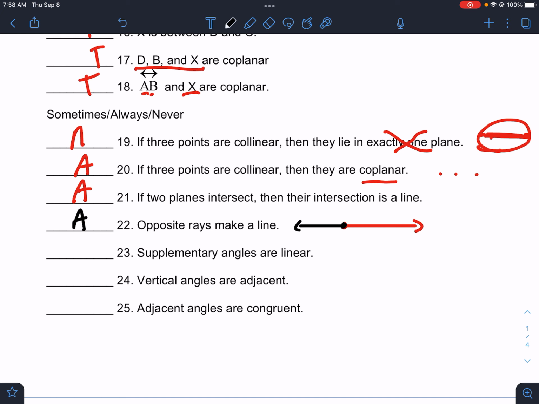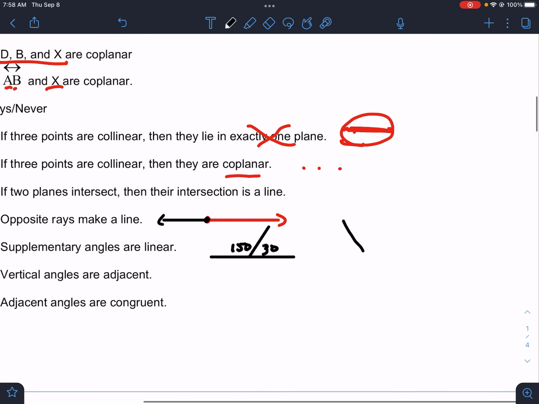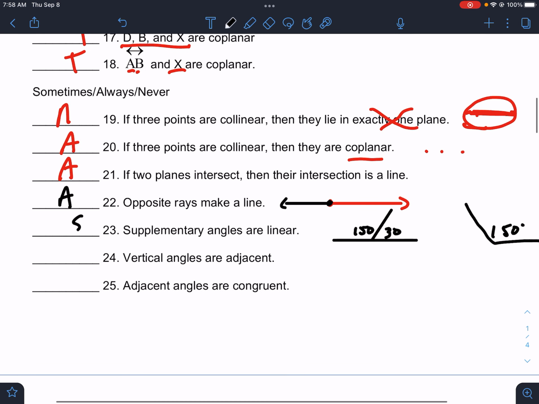Supplementary angles are linear. I should have said maybe a linear pair. They can be, but they don't have to be. So if I draw something like this, where this is 30 degrees and this is 150, yeah. But what if I have over here 150 degrees and over here 30 degrees? Are those a linear pair? No. So supplementary angles don't have to be a linear pair.